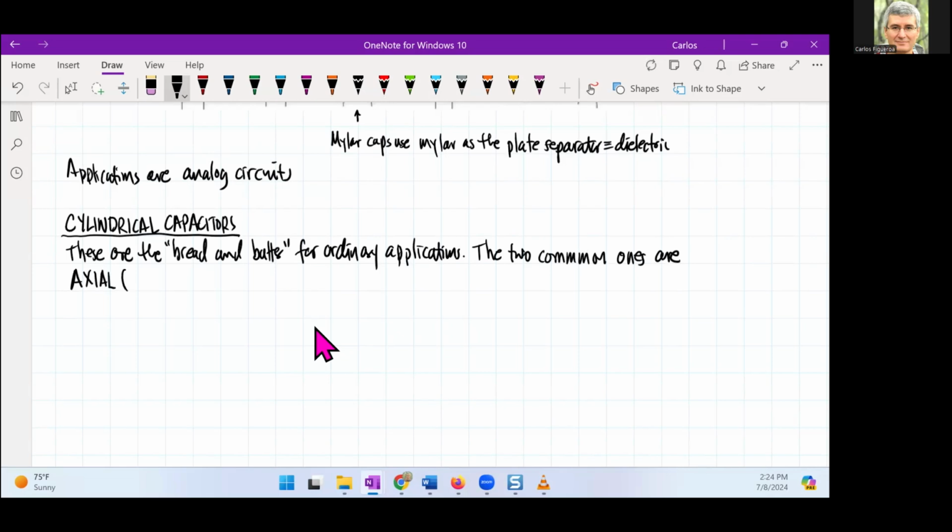And you'll know axial because the leads are coming out of either end of the cap.